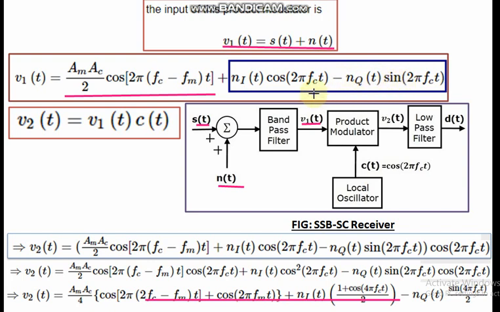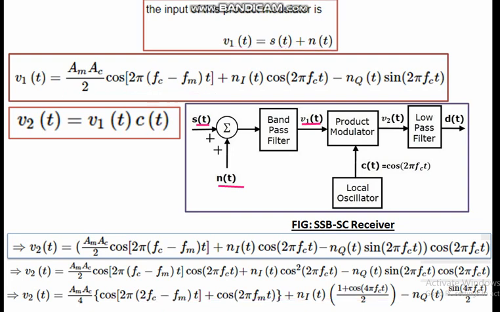And you know that cos(90 minus theta) is sin theta, that's why the quadrature phase component has sin 2 pi fc t. So when we put the values of s(t) and n(t) in the formula for V1(t), we get the formula in this second block.